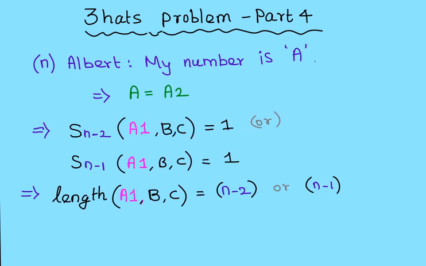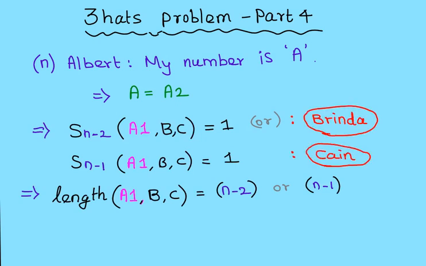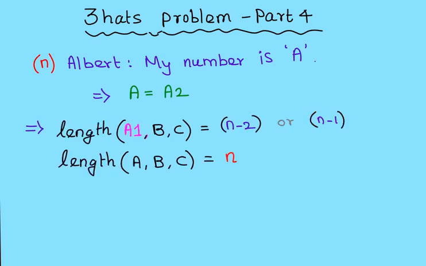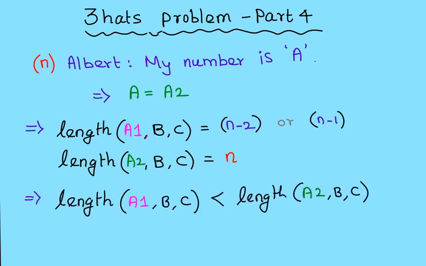Remember that since n is Albert's turn, at n minus 2 it is Brinda's turn, and at n minus 1 it is Cain's turn. So, the length of A1 BC is equal to n minus 2 or n minus 1, and the length of ABC is n, as A is equal to A2. Therefore, the length of A1 BC is less than the length of A2 BC.